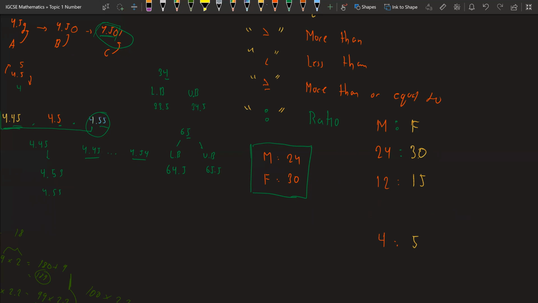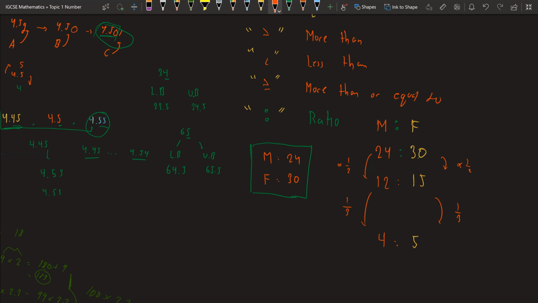So what I essentially did here is divide by 2, then divide by 3, and I get 4 to 5. That's the smallest ratio I could represent: 4 male students for every 5 female students.